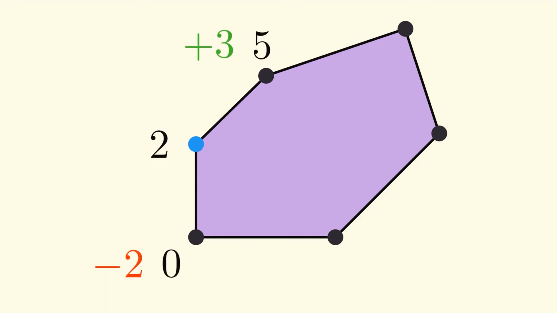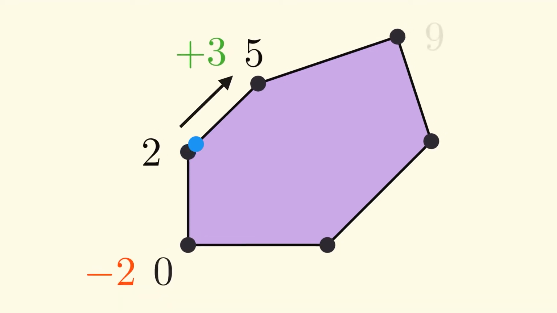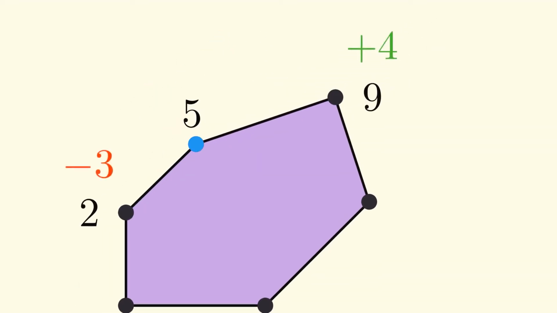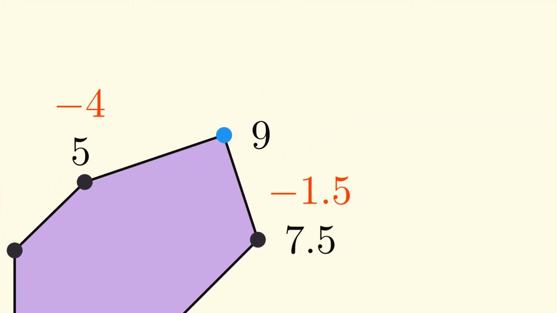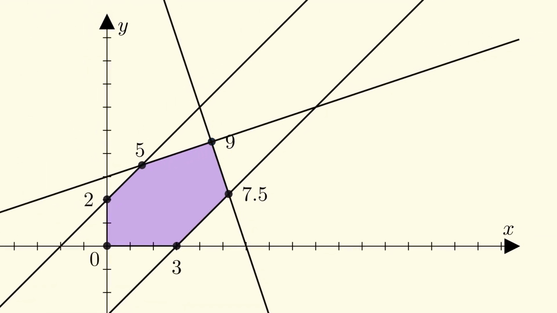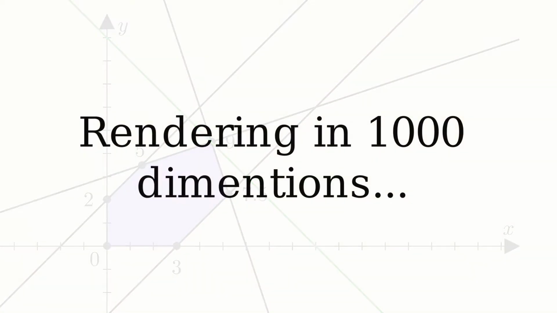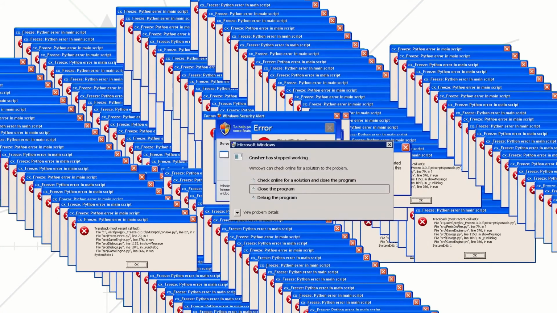We continue this process till we reach a point where moving to any neighboring point would worsen the value of our objective function. And that's it, we have our optimal solution. And even though this process might not look that impressive in 2 dimensions, where it's easy to visualize which point gives us the optimal solution, it is an absolute lifesaver as the number of variables increases.